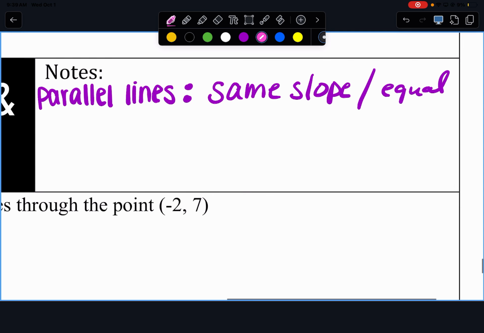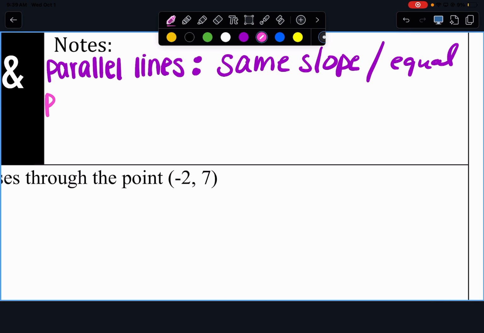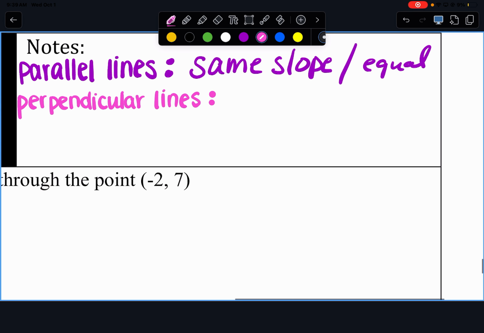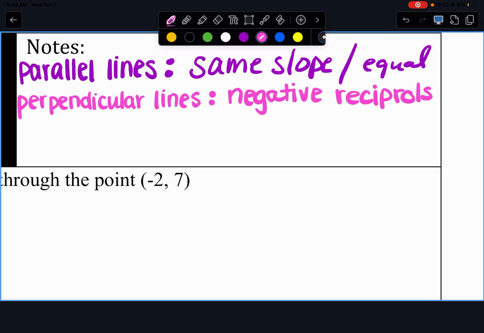If we have perpendicular lines, what about their slopes? They are what? Different. They're different. They are negative reciprocal slopes. If you remember, negative reciprocal means you flip the sign, flip the fraction.